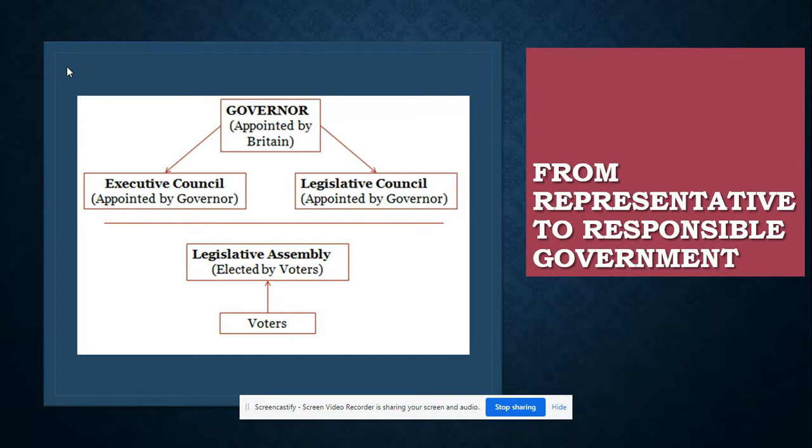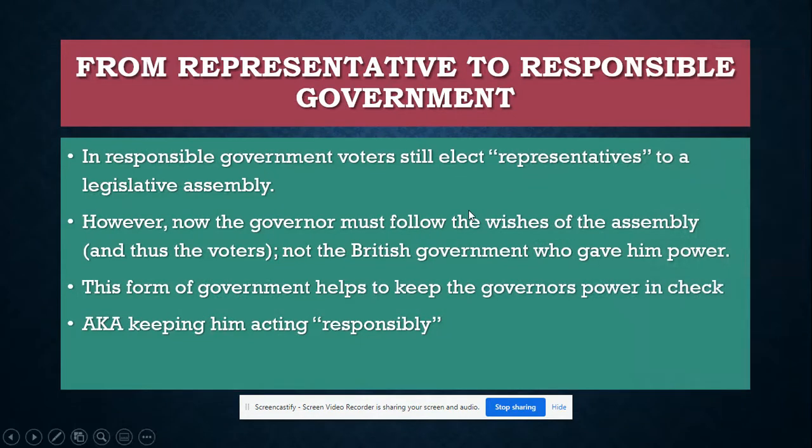So if you take a look at this chart in front of me, you can see this dark line. That's the line between the voters and the governor. Basically, a responsible government still has elected representatives in the legislative assembly. So they're still choosing people from the community to represent them. However, in a responsible government, the governor must follow the wishes of the assembly.